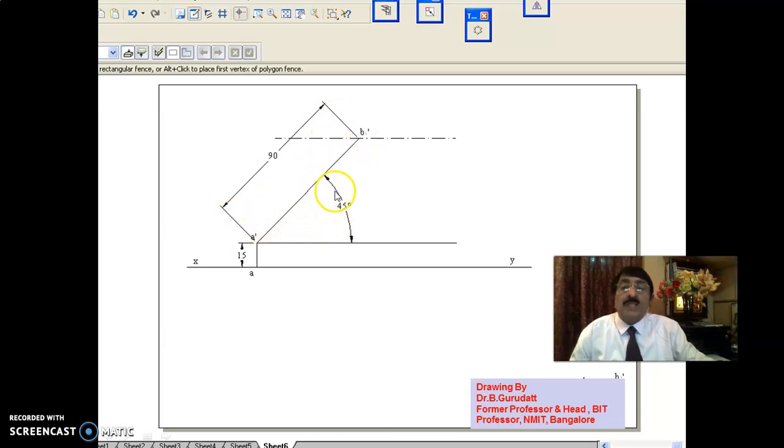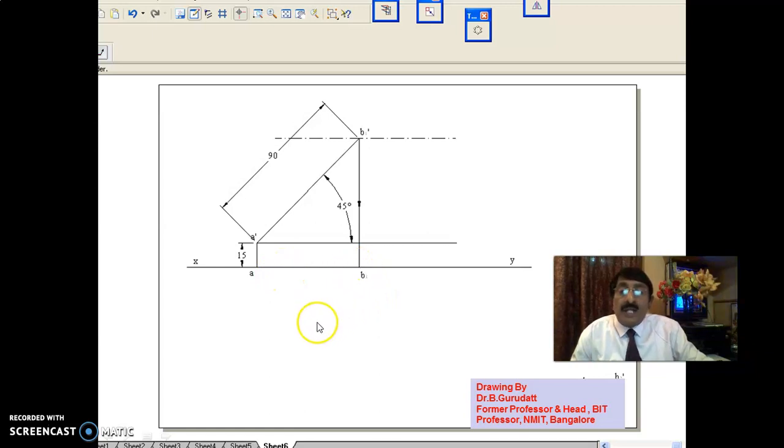One parameter is already over, the second parameter is already over, two parameters are already over. But I have told you so many times, as soon as the true length is given, the corresponding other view should be parallel to the XY line, which you immediately make. Okay, A dash B1 dash, corresponding top view is AB1, which is parallel to the XY line, which you can rotate till it cuts the end projector or locus, whichever is possible.